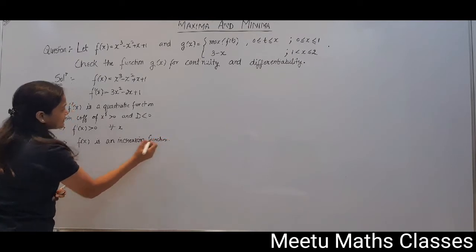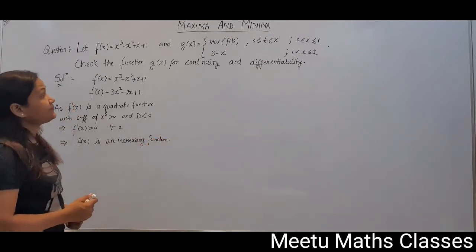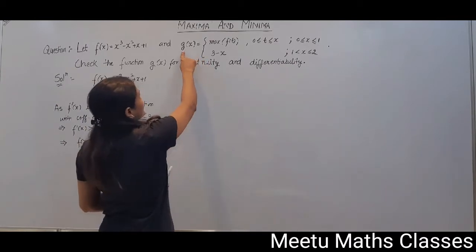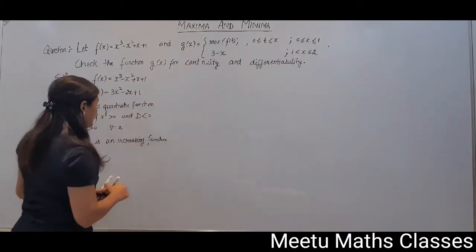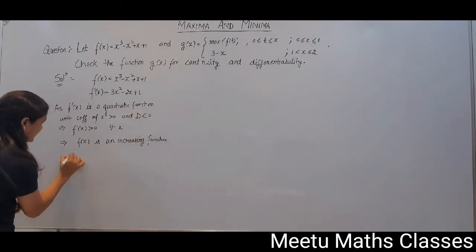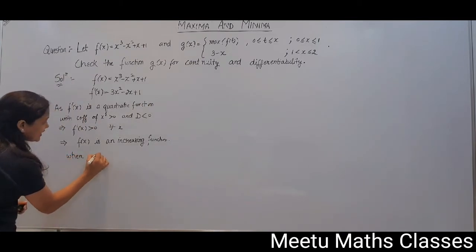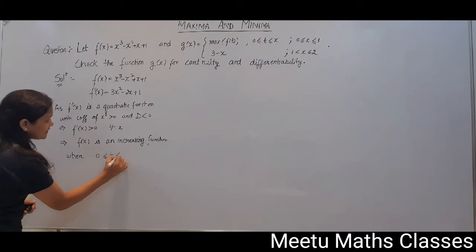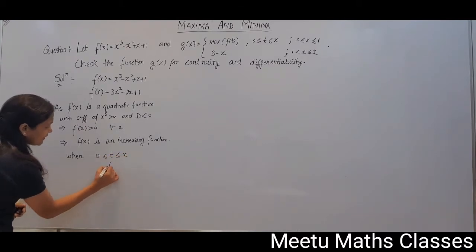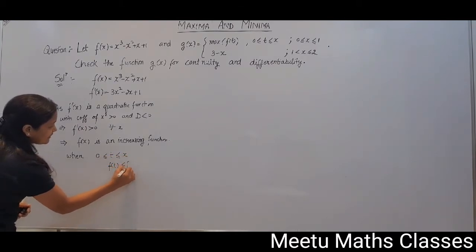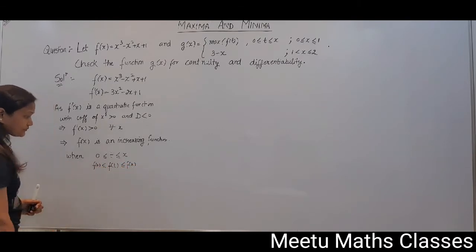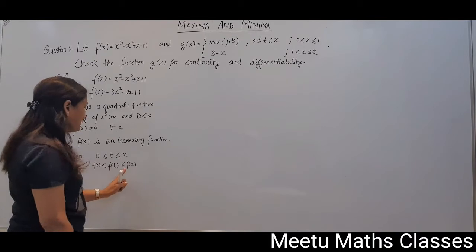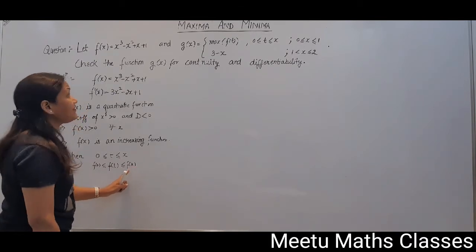And if f(x) is an increasing function, then g(x) is defined as the maximum of f(t) when t lies between 0 to x. When t lies between 0 to x, f(t) will lie in between f(0) to f(x), and the maximum value of this function will be f(x).